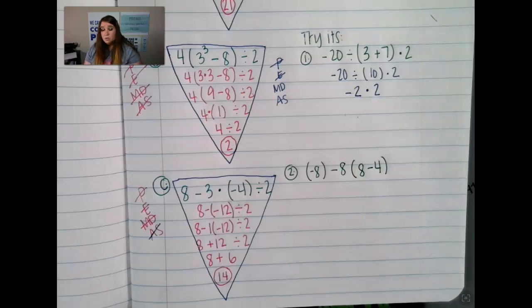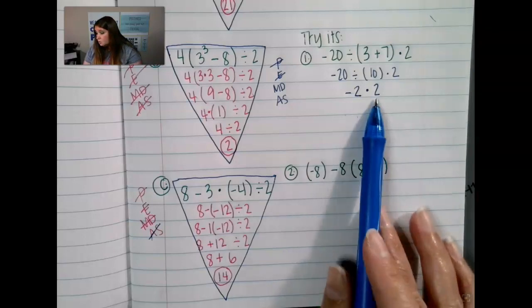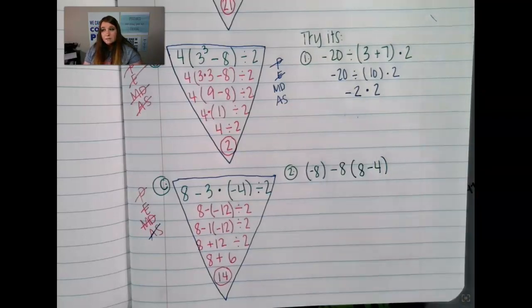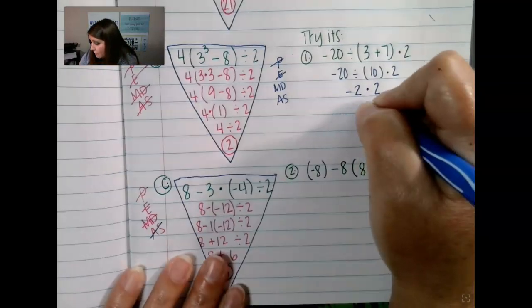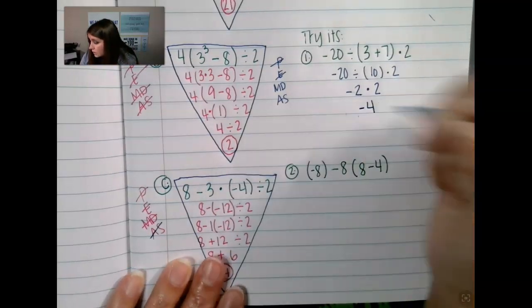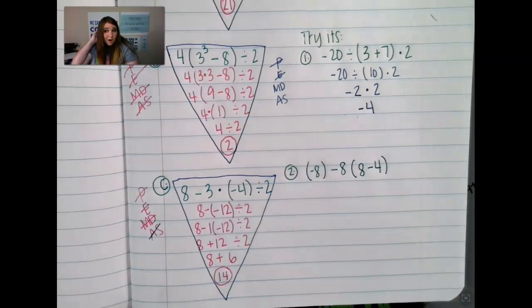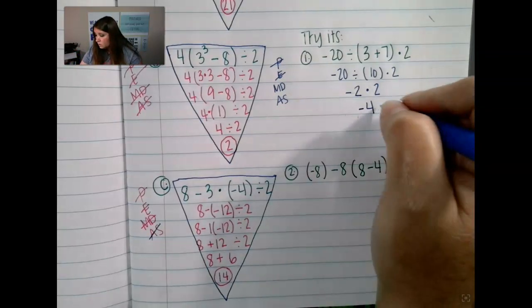I'm still doing the same thing, right? I need 2 groups of negative 2, and 2 groups of negative 2 gives me negative 4. So my answer is negative 4.